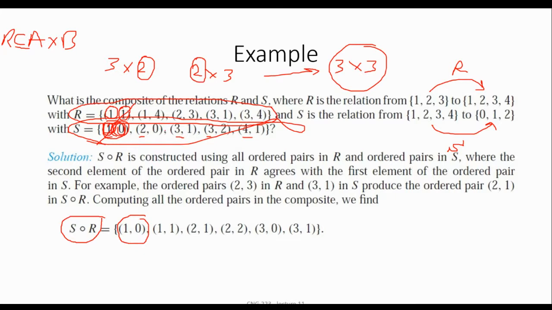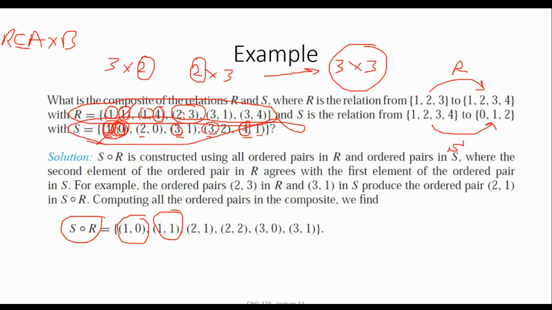Let's practice with the rest of them. Now I have 1, 4. So let me check whether we have another one. Yes, we have here. So what is left is 1, 1. You see? That's why I will have 1, 1 here. Okay, next one, 2, 3. Do I have 3? Yes, 2 of them.